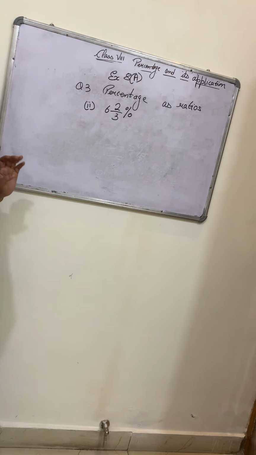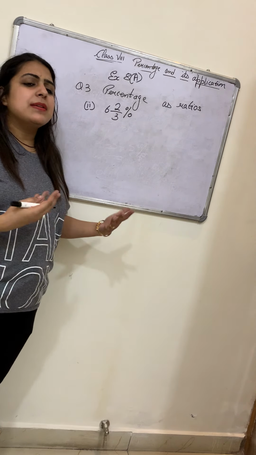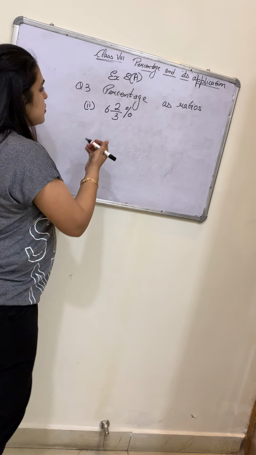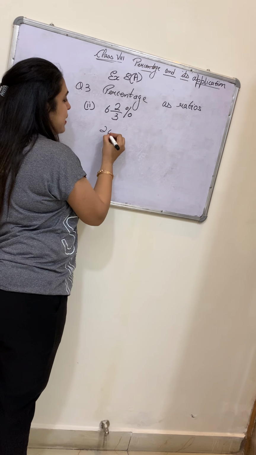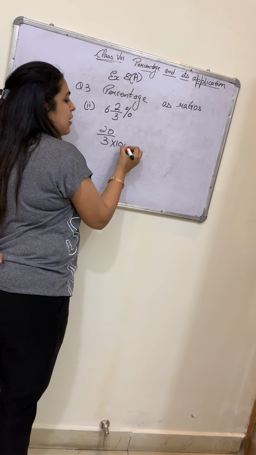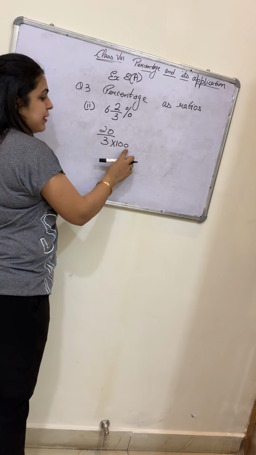We have to change it to ratio. What does that mean? Simply talking about ratio means we are going to change it to fraction. Okay? So this is 3 6s are 18 and 20 by 3. For changing percentage, I have to divide it by 100.